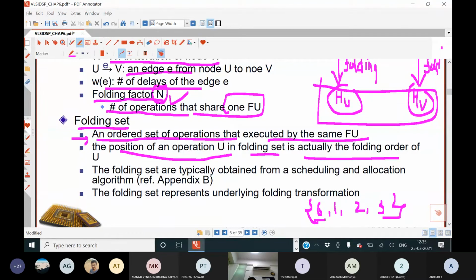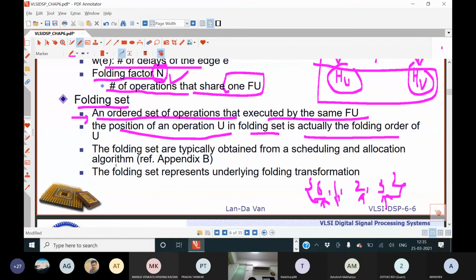That means first the 0 node will be executed, then the first node, then the second node, then the third node. So in this curly bracket, whatever order is defined, that is the order you need to follow for that functional unit's execution. That we will see with an example. Folding sets are typically obtained from a scheduling and allocation algorithm.